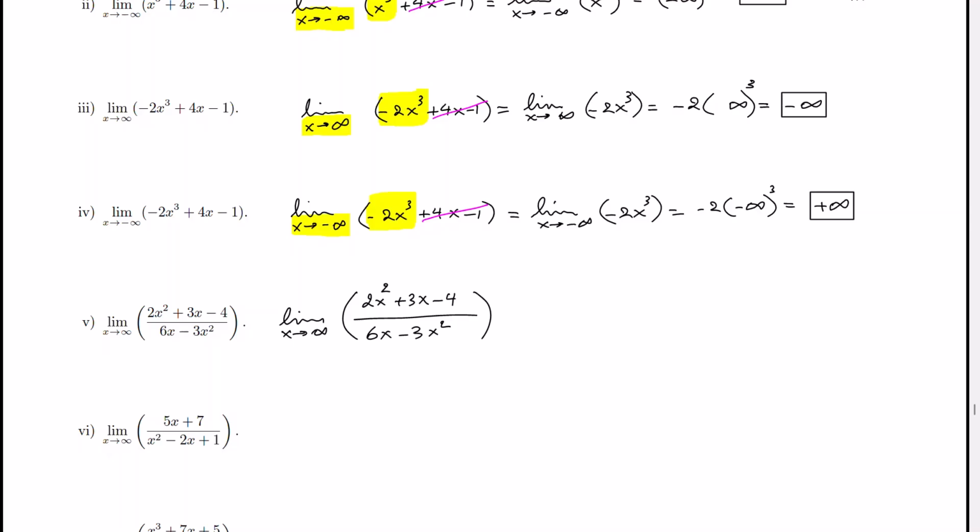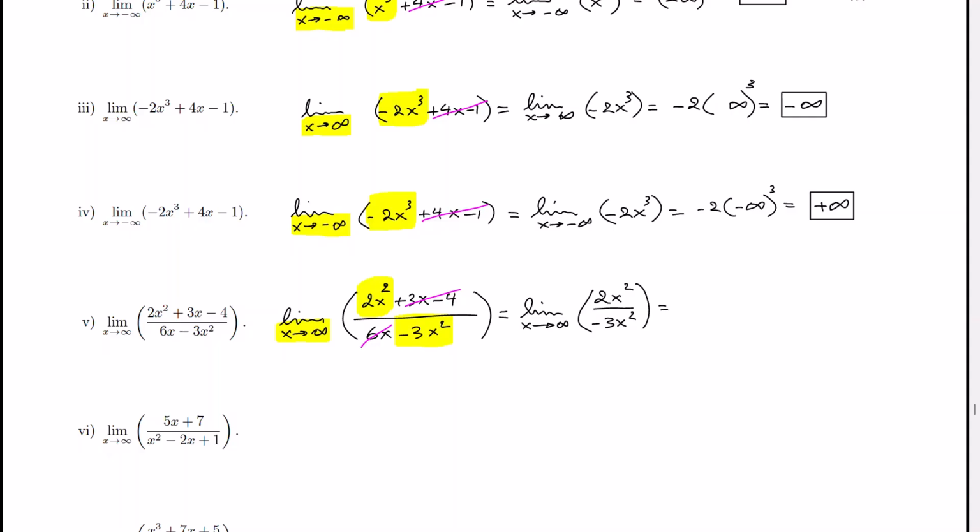On the numerator, I get to ignore the 3x and the negative 4 because the leading term is simply 2x squared, and I can do that because the limit has x approaching infinity. On the denominator, I'm going to ignore the 6x because technically the negative 3x squared has a higher exponent. So this turns into a limit with x approaching infinity, where the numerator is 2x squared and the denominator is negative 3x squared.